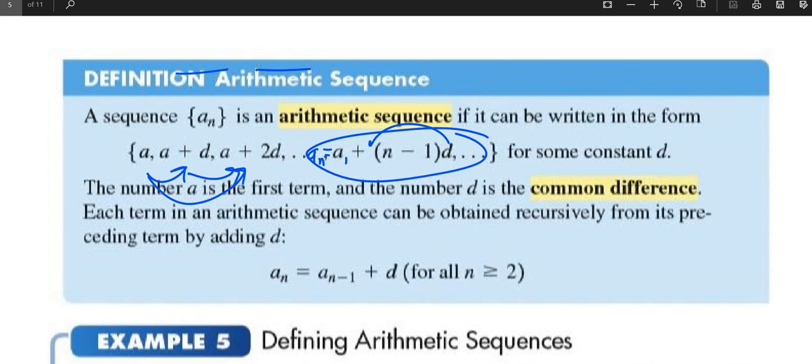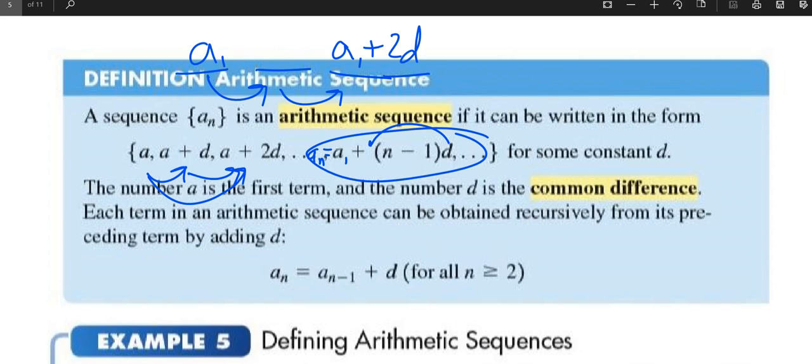I have added the common difference twice. So that's why they called this a sub 1 plus 2d. That would be the way I would write it.